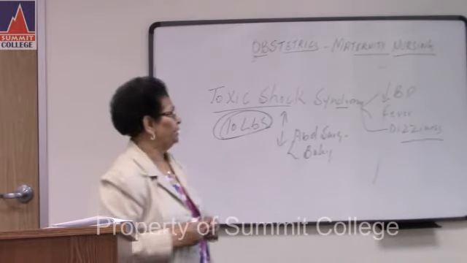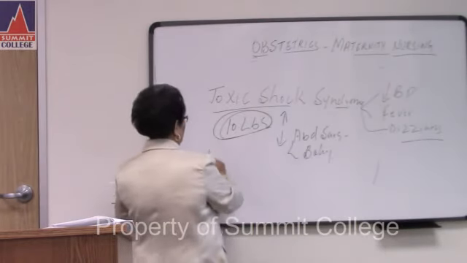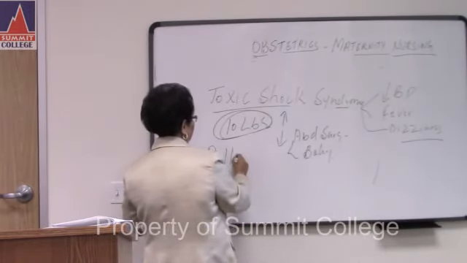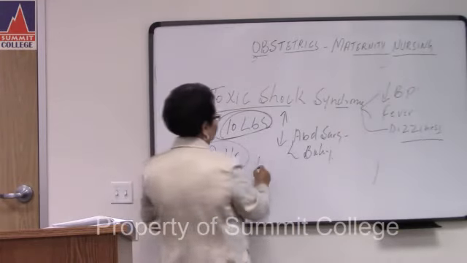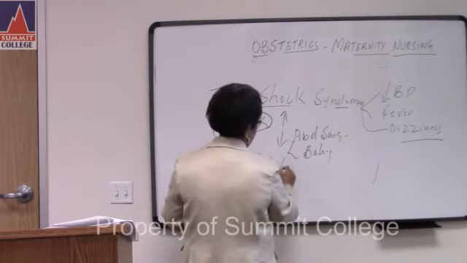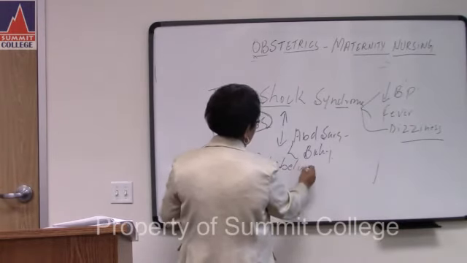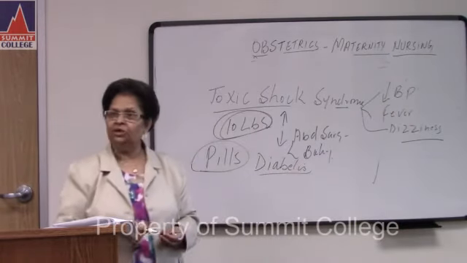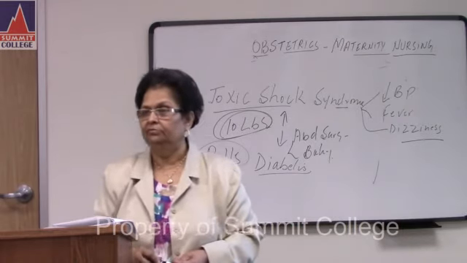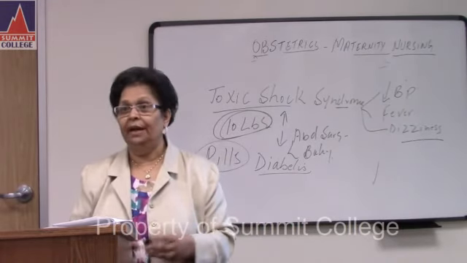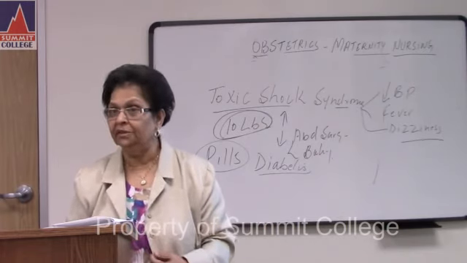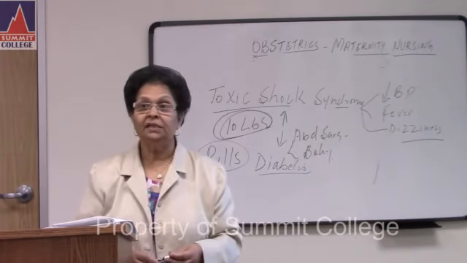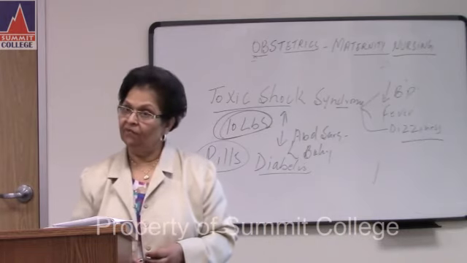Now pills, when we are using oral pills. If you have a diabetic patient, what is best for a diabetic patient to use, pills or diaphragm? What would be best for a person who is diabetic and wants to prevent pregnancy is the diaphragm.